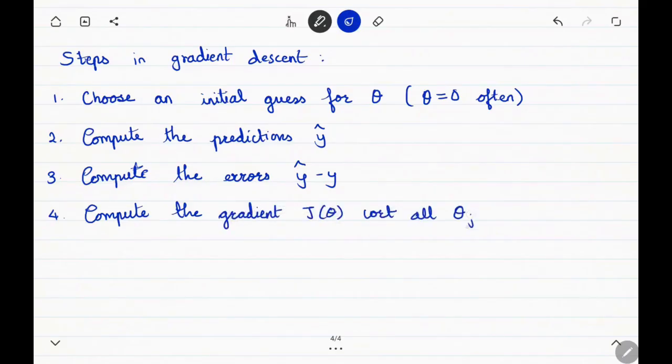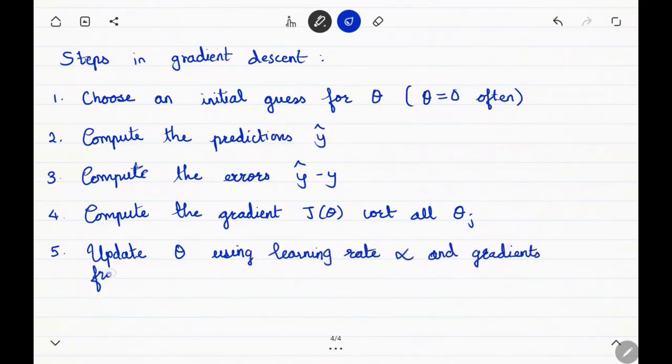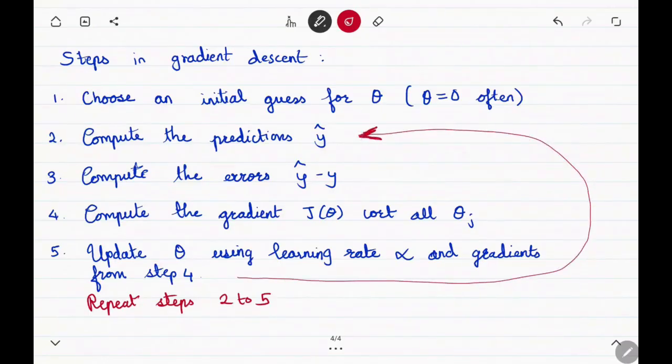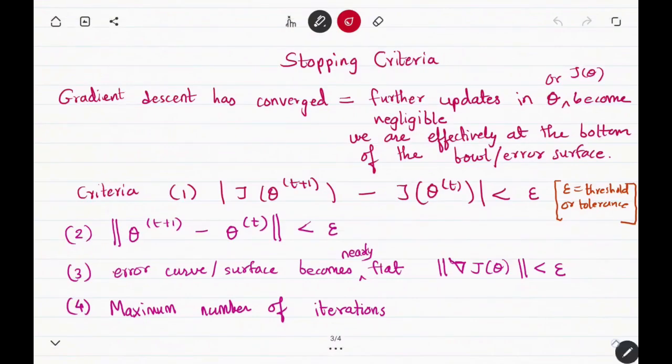Fifth, you update θ using the learning rate α. Then you go back to step 2, to see the predictions ŷ after changing θ. You keep repeating steps 2 to 5 until one of the stopping criteria that we discussed triggers.